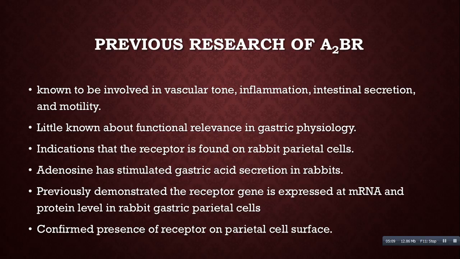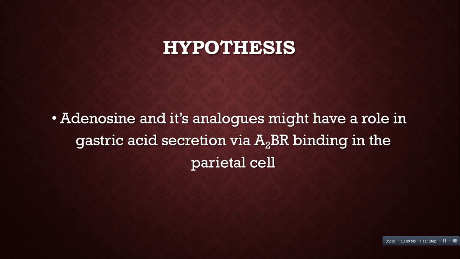The scientists had already performed experiments demonstrating that the A2B gene is expressed in mRNA in the rabbit gastric parietal cells, and they confirmed its presence through flow cytometry. So this wealth of knowledge led them to their hypothesis. Arin and colleagues hypothesized that adenosine and its analogs might have a role in gastric acid secretion via A2B receptor binding in the parietal cell.